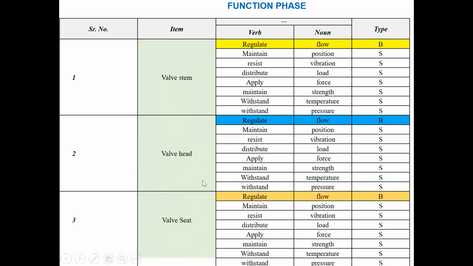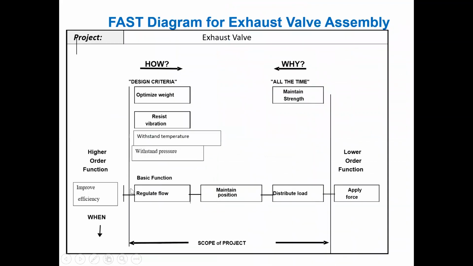Where we'll be considering both intake and exhaust valve getting opened and closed with respect to the flow rate of air and also the exhaust gas. Then we need to analyze the FAST diagram where the basic function of the exhaust valve is to regulate flow.